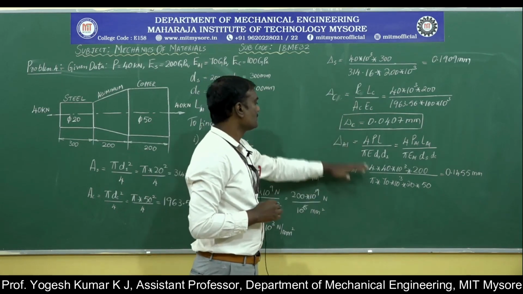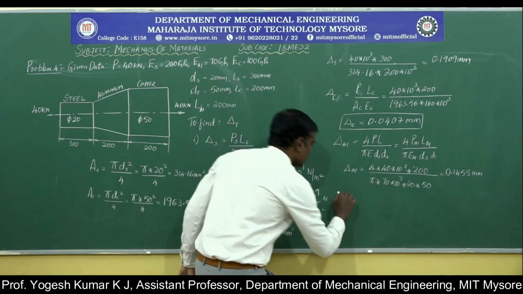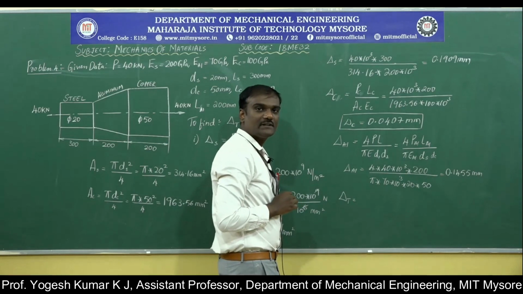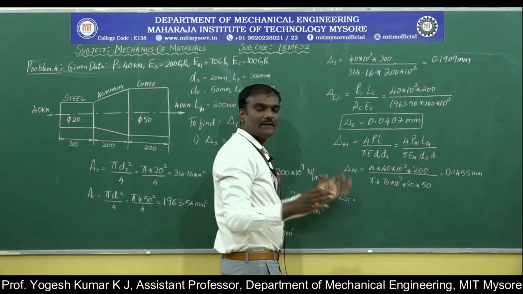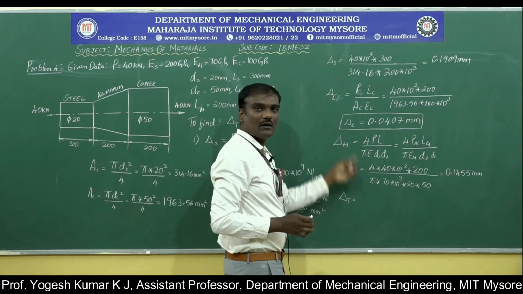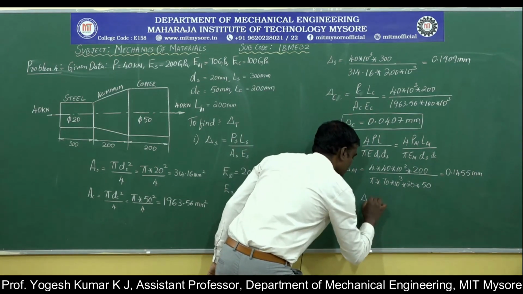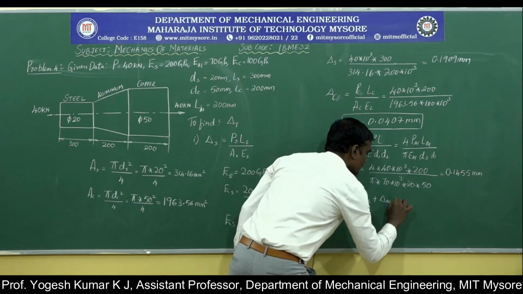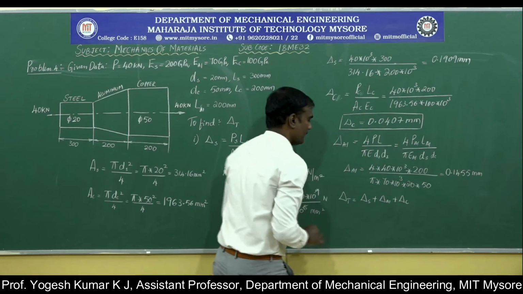Now since we have the three extensions, let us find the total extension delta T. As I said, since it is subjected to tensile load, it will increase in length. Therefore, we do the addition of all three sections: elongation of the steel plus elongation of the aluminium plus elongation of copper.